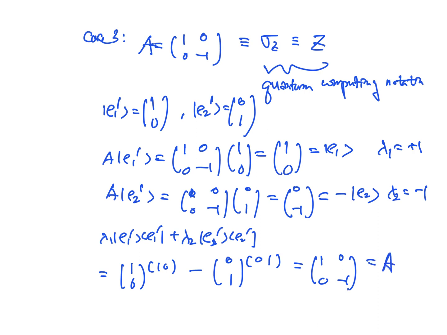So again, A. So for Hermitian matrices, the spectral theorem holds and gives back A. Then we have a very interesting property. So in general, A equals the sum of lambda i Ei Ei up to En. How about A squared?